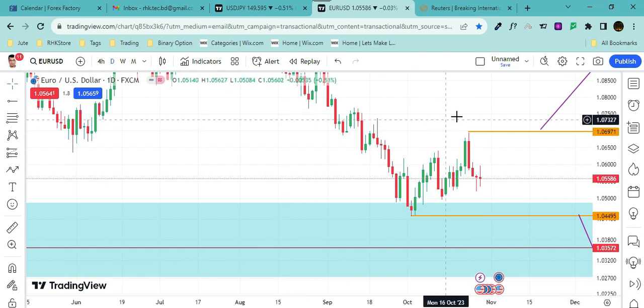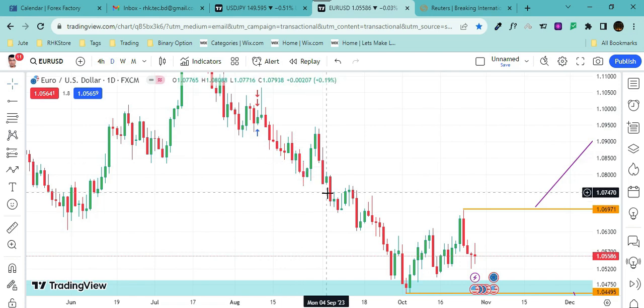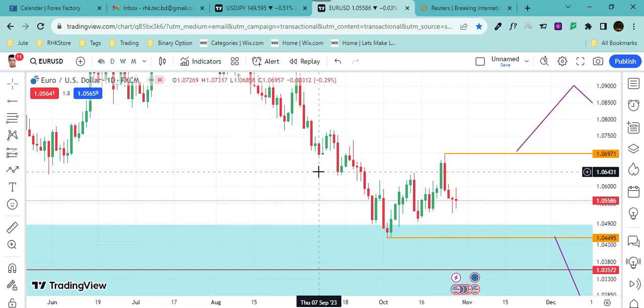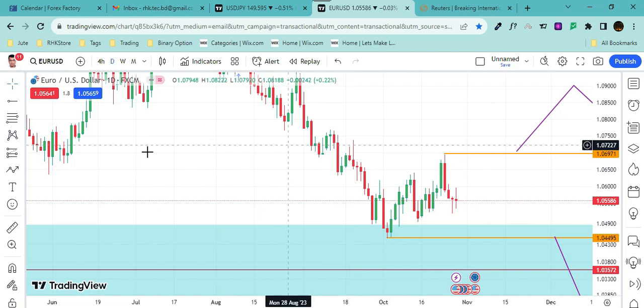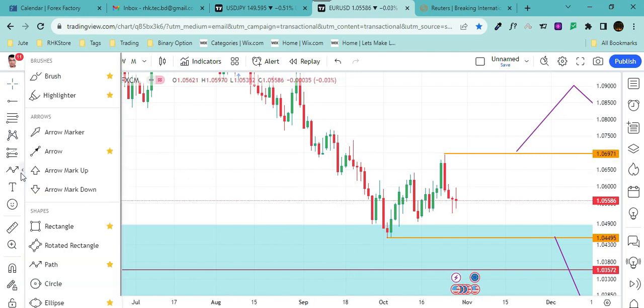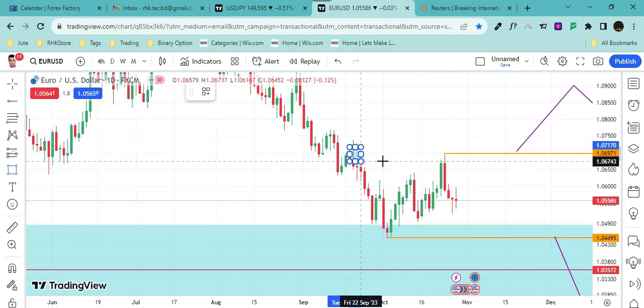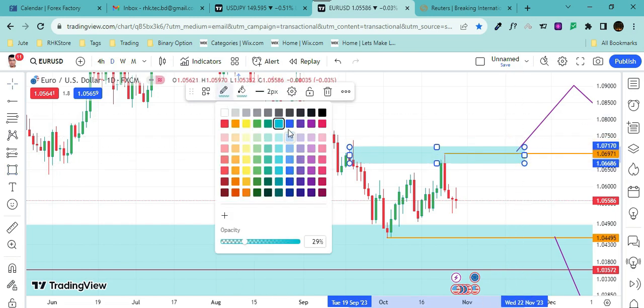So the price was coming down with a very strong downward trend, and these two candles resisted it here and tried to push the price up to this level. If we take into consideration this candle, especially the red one, we can see why the price has been rejected from here.